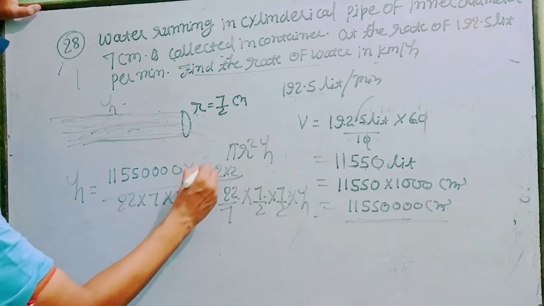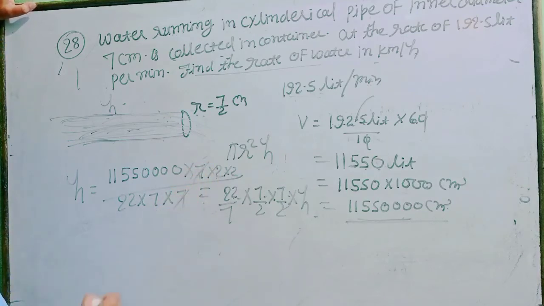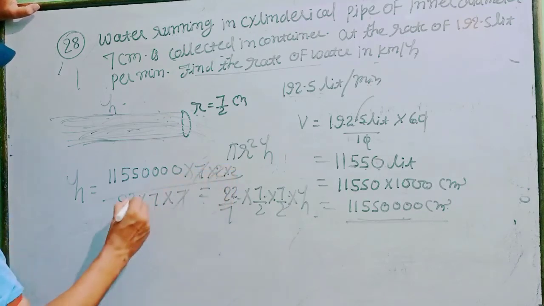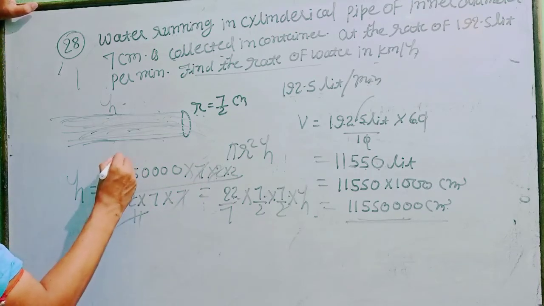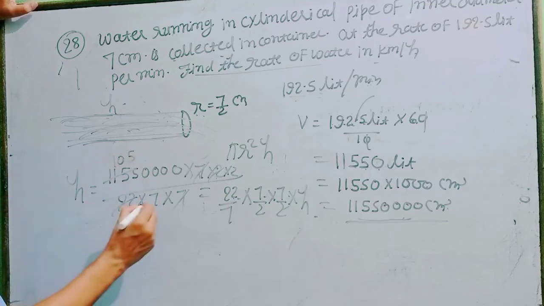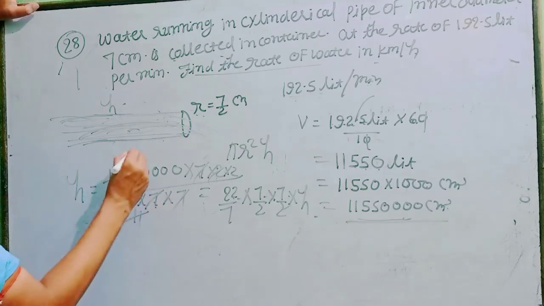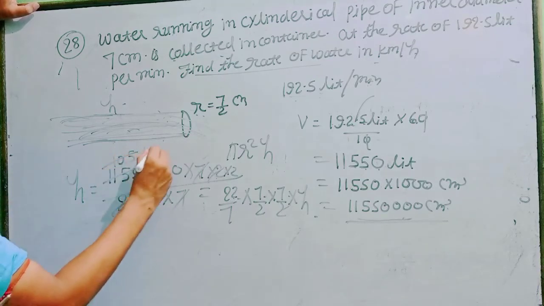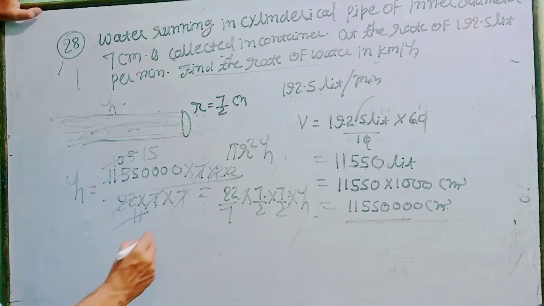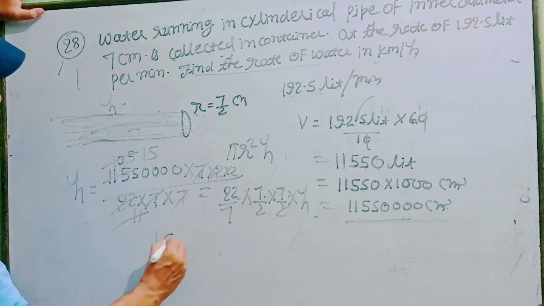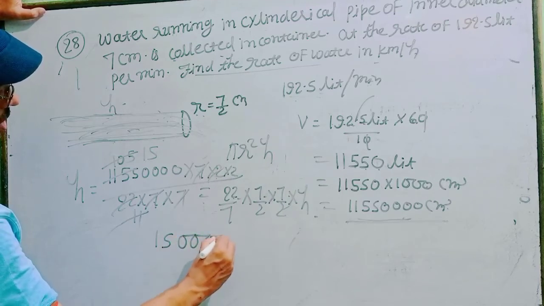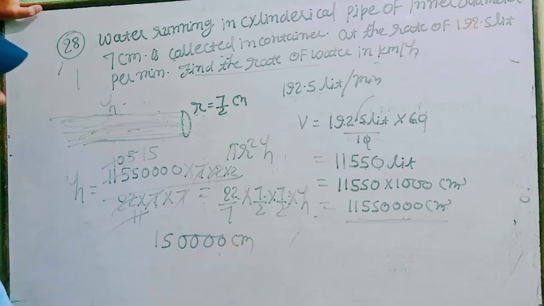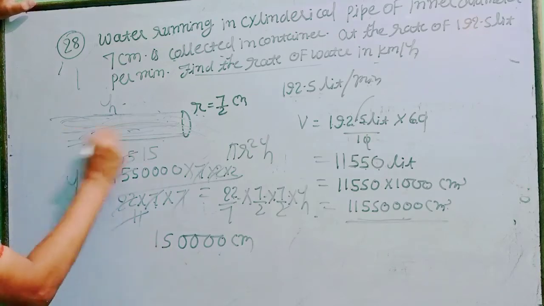So this 7 cancels 7, this 2 cancels, 11 cancels, 11 1s are 11, 0, 5. This 7 cancels here, 7 1s are 7, 3, 7 5s are 35. Therefore 15,0000 centimeter. It is the height of the cylinder.